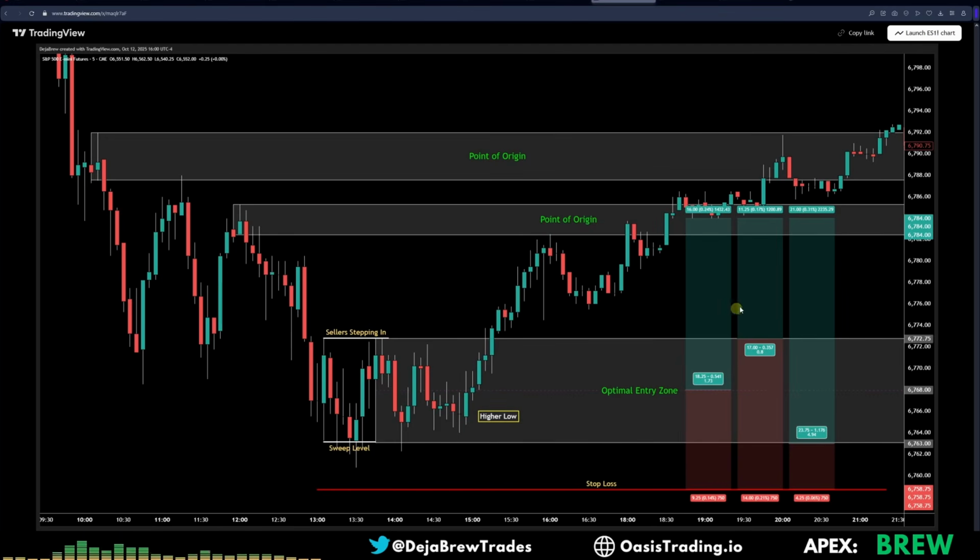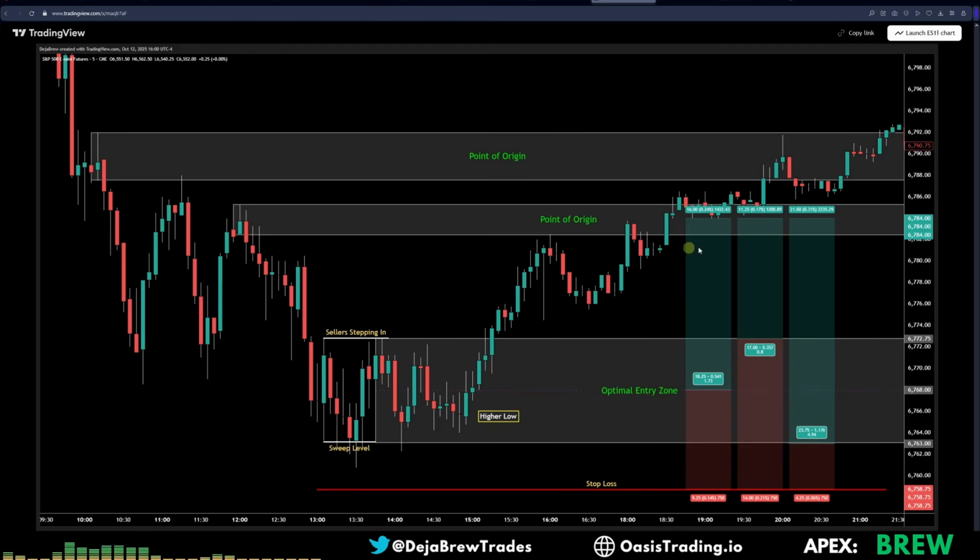If we look at just a basic risk to reward chart here, and we say our stop loss is right down here, if we enter in the middle of this zone, it would give us a 1.73. If we enter at the top of the zone, it would give us a 0.8, which is very bad. If we enter on the sweep level, it would give us almost a 5-to-1, a very good risk to reward.